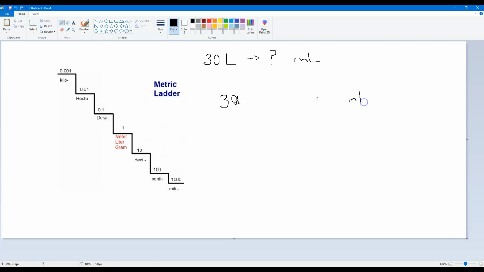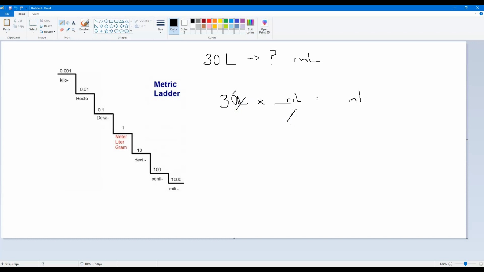So we're going to multiply the 30 liters by a conversion factor. A conversion factor is always set up as a fraction where whatever we were given is on the bottom, so we have liters on the bottom, and what we're looking for is on the top. The reason we do it that way is so that we can cancel out what we're given.